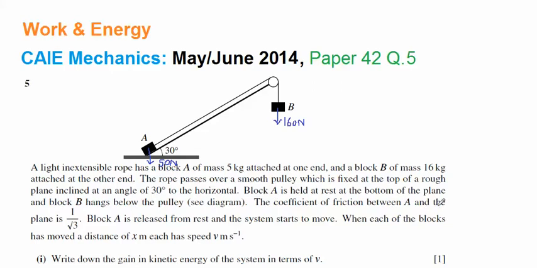The coefficient of friction between block A and the plane is 1 over root 3. So it means that this plane is rough, and the coefficient of friction is 1 over root 3.